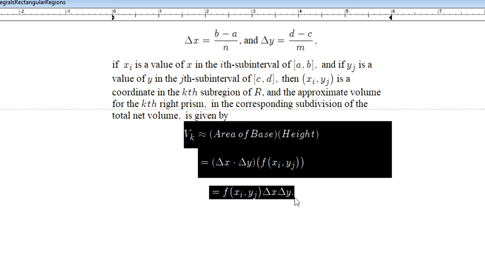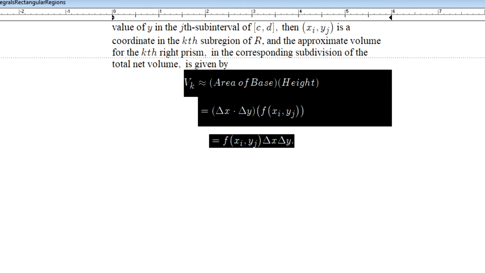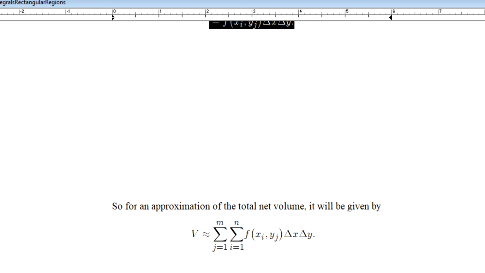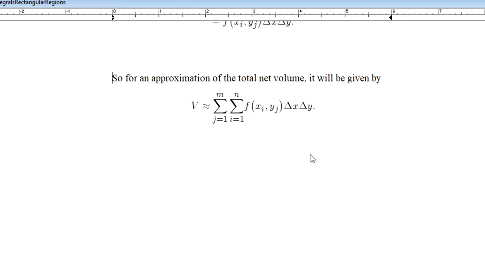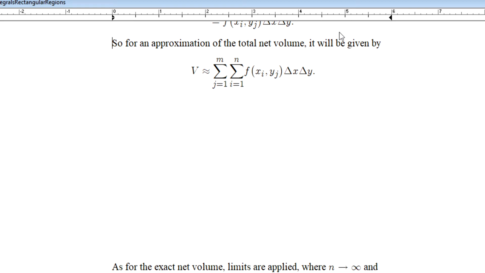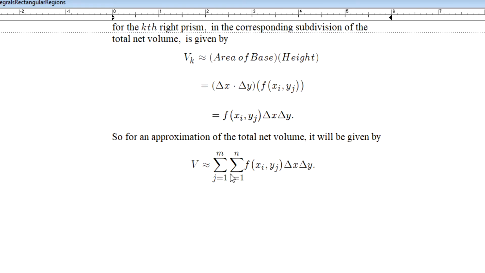We know in those formal proofs, once we develop an approximate of the kth subregion, we can then develop that approximate into an approximate of the total net volume. Total net volume is going to be given by some summation, some Riemann summation. Right? What we're going to form are the Riemann summations, first with respect to x across the index from i equals 1 to n, being the number of subintervals of x that we've subdivided our closed interval from a to b into.